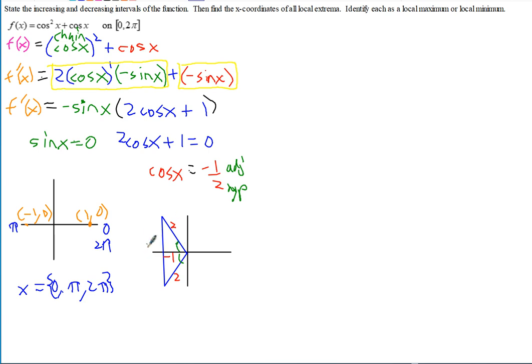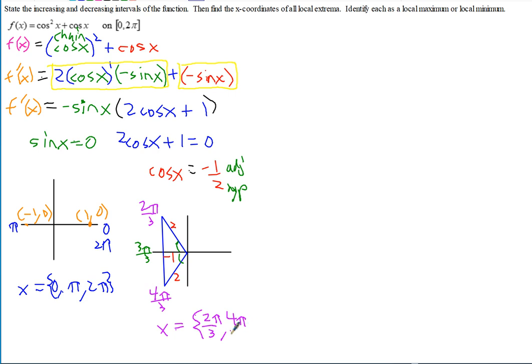So to figure that out, this one's pi, which is the same as 3 pi over 3. So this is pi over 3 less than it, so that would be 2 pi over 3. And this is pi over 3 more than 3 pi over 3, so that would be 4 pi over 3. So that gives us our other two critical numbers, 2 pi over 3 and 4 pi over 3.